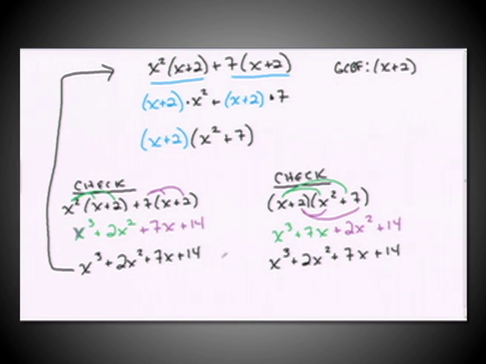And you can see here we get the same thing no matter which form we are multiplying from. So this verifies that x plus 2 times x squared plus 7 is the factored form of our polynomial.